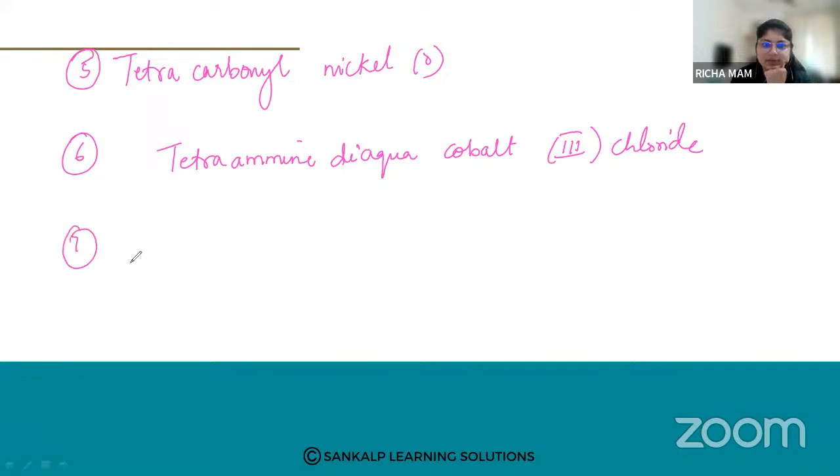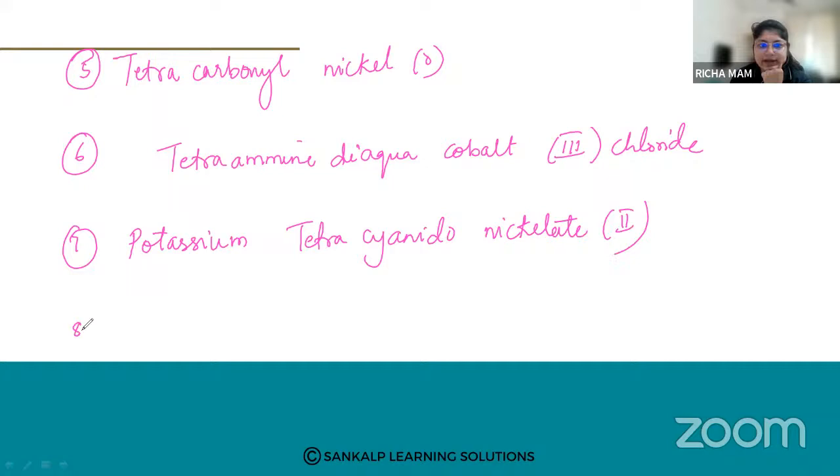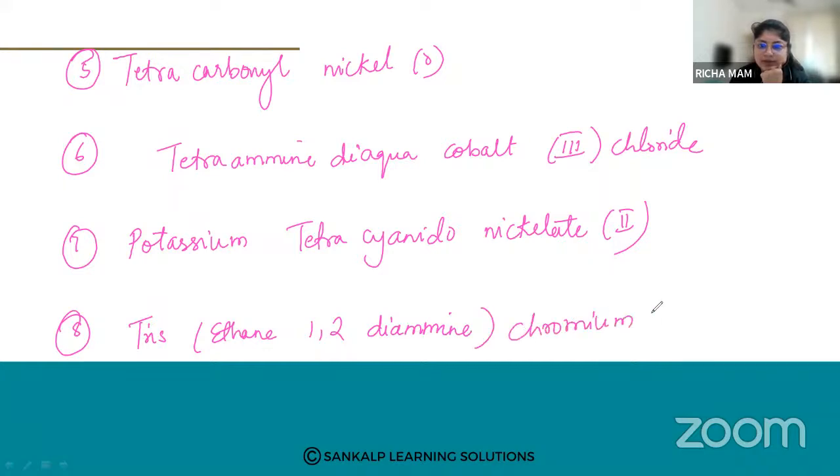Seventh one, potassium tetracyanidonickelate(II). Eighth one, tris(ethane-1,2-diamine)chromium(III) chloride. Okay, try these now.